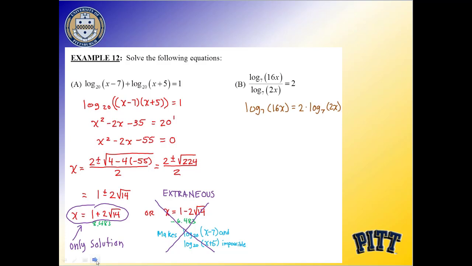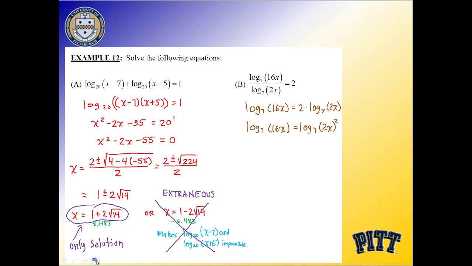So I have the log base 7 of 16x equals 2 times the log base 7 of 2x. I could use the exponent property for logarithms on the right-hand side and make that the log base 7 of 2x squared, leaving the left-hand side alone. Now here's what's nice about situations like these. On both sides of the equation, I have a single logarithmic statement. They are of the same base.